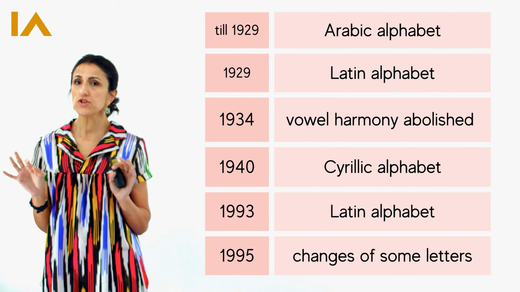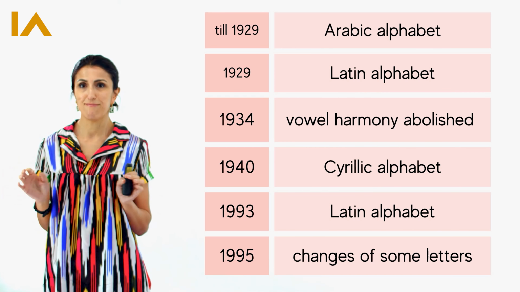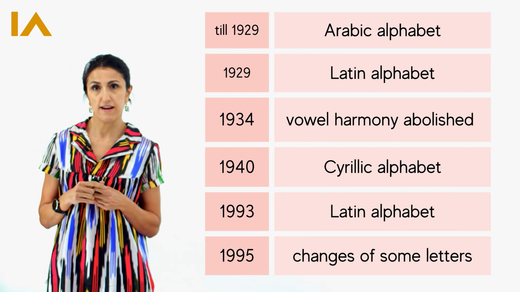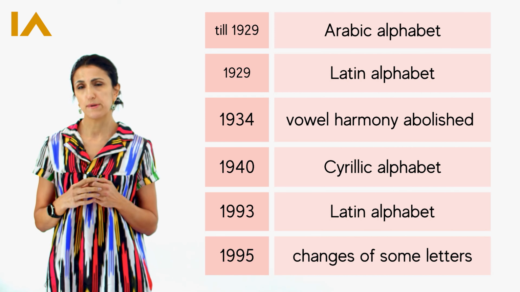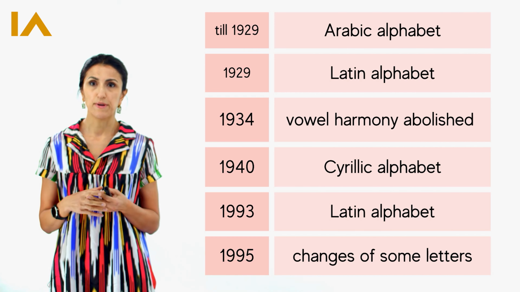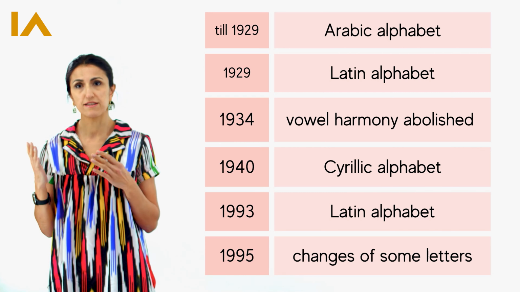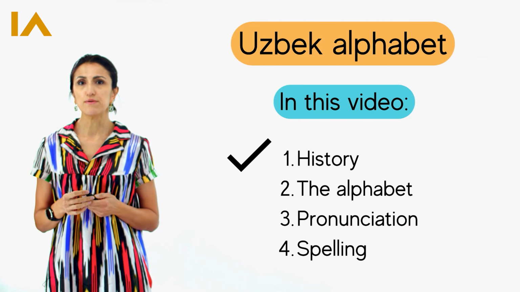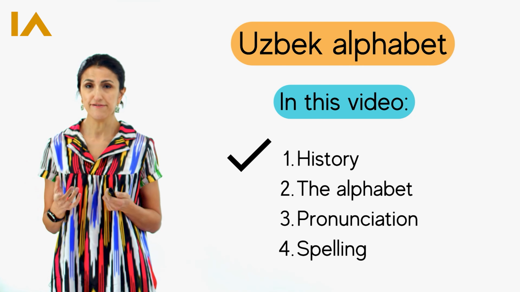So here are very brief milestones of the changes made to the Uzbek alphabet. This is a very vulnerable topic among specialists and among learners, because transitioning from one alphabet to another has never been easy. Okay, let's move to the alphabet itself.